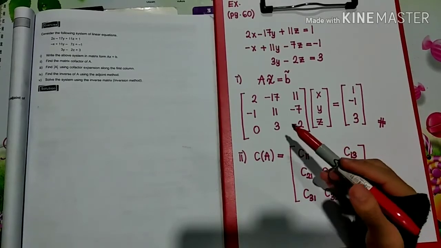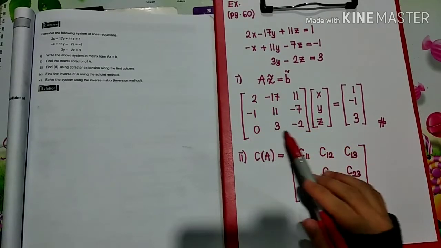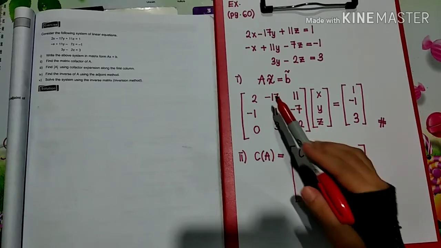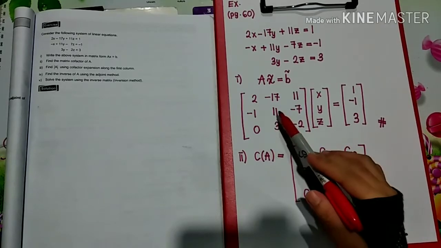Right, so where is our matrix A? This one. This is our matrix A. Then you need to find the cofactor of this matrix.